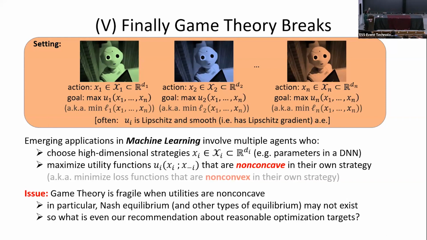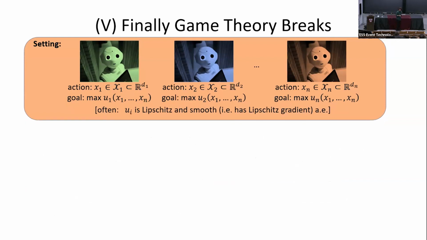Okay, so now let me dive a little bit deeper into what I mean by Nash equilibrium failing. I'm not sure how many of you are familiar with game-theoretic equilibrium concepts, so let me just be precise. I'm just going to define three basic equilibrium concepts in one slide. The most basic one is Nash equilibrium. What is a Nash equilibrium for this complicated game?